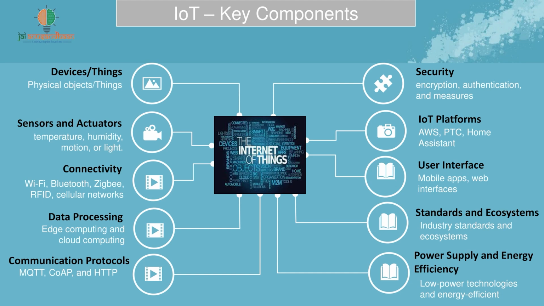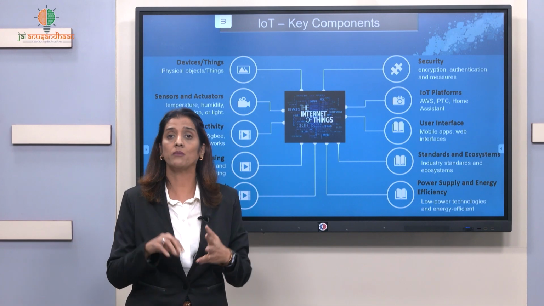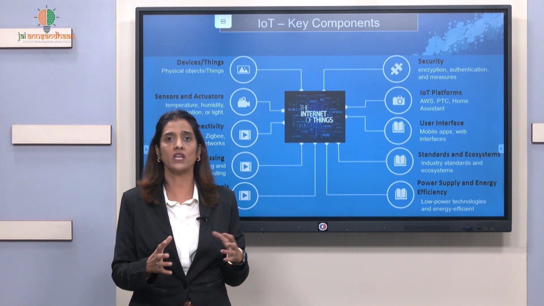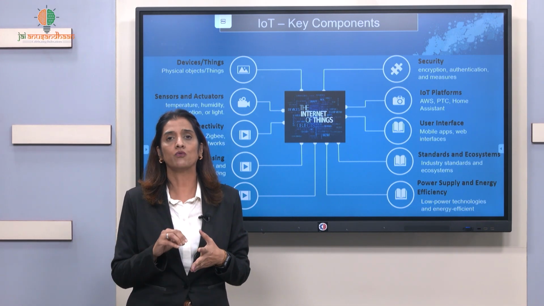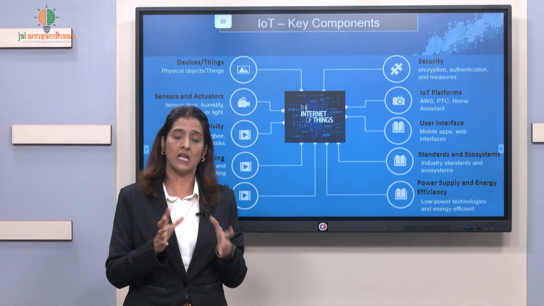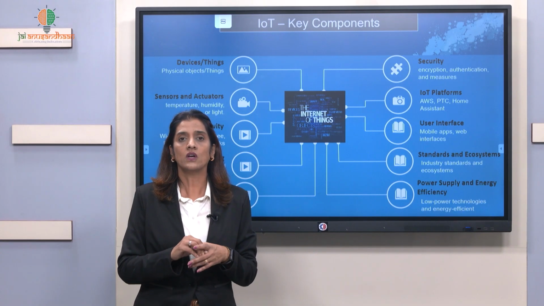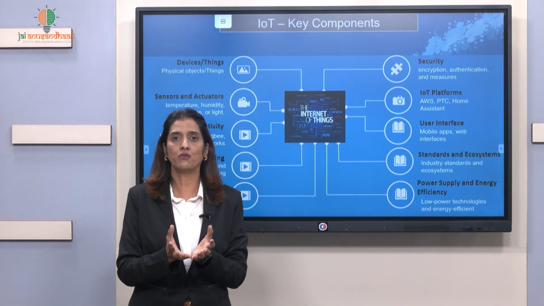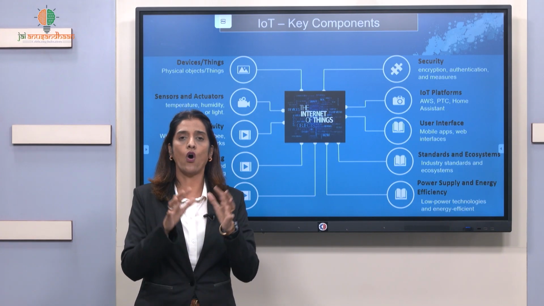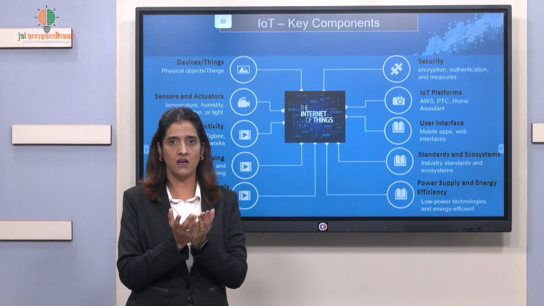The next is the IoT platform. Now we have all the data, we have different types of communication protocols, for example MQTT or HTTP. Then we have different data storage systems or databases to store the data. If somebody is making all these things available on the same platform, then it is called an IoT platform.